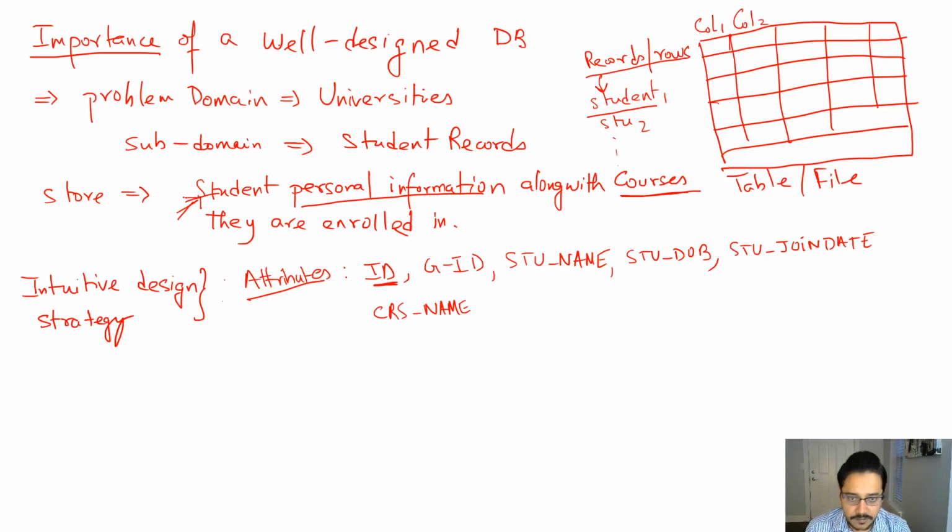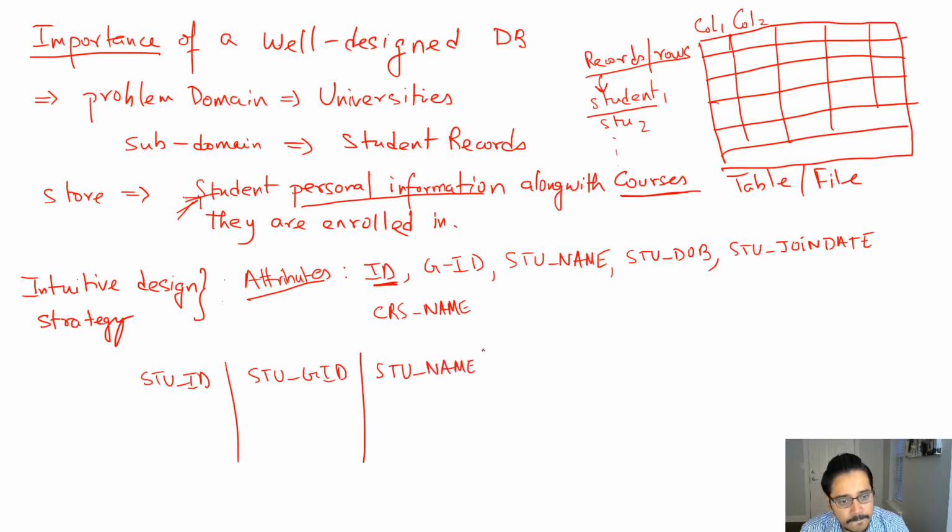So that means we will have a table or a file which is, let's say, student ID, and then student Grizzly ID, then student name, then student date of birth, and then let's just not go for the last one.